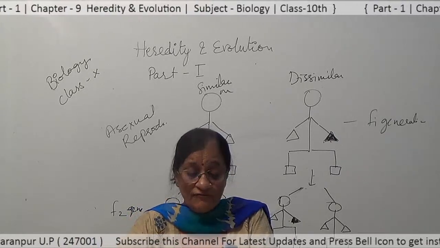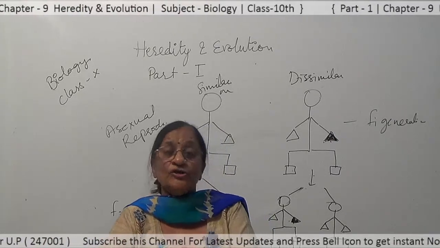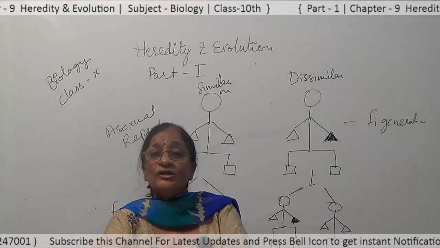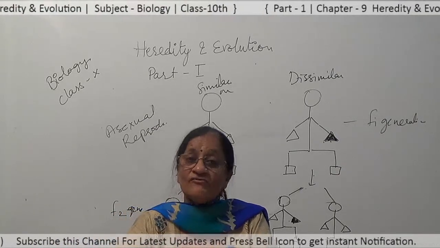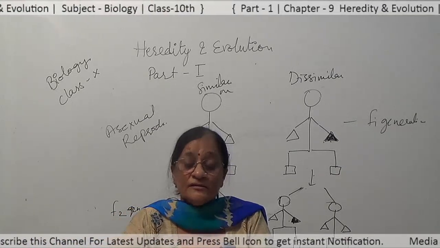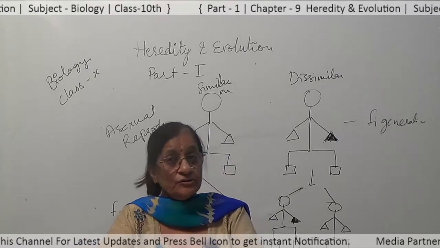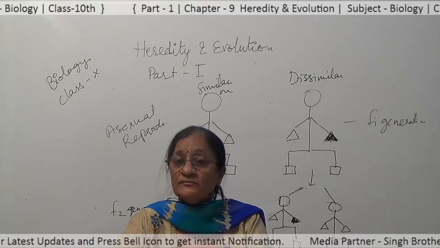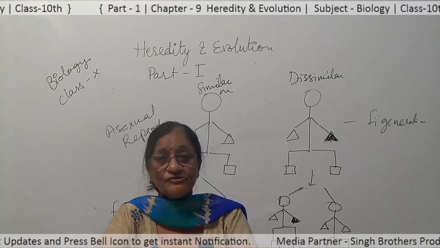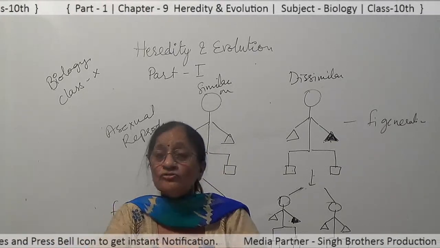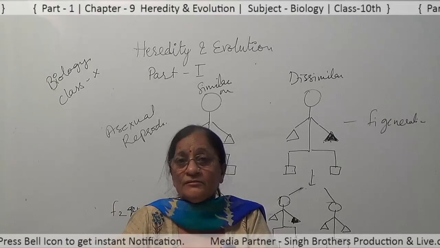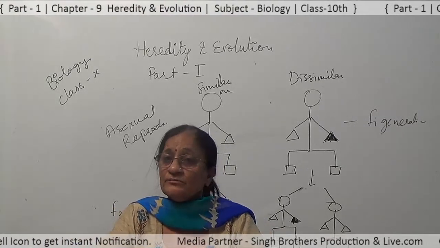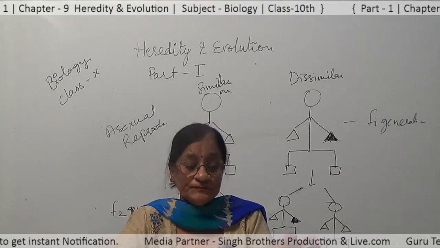Now all the variations produced do not have equal chances of survival, and some variations are useful. The variations which are useful can be carried on to the next generation, and which are not useful can be finished in the same generation.